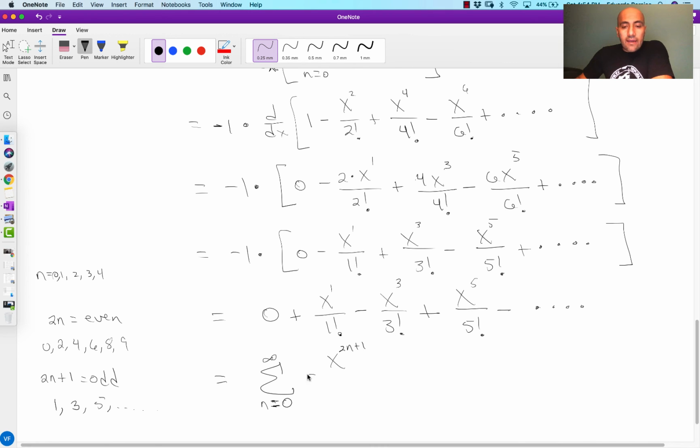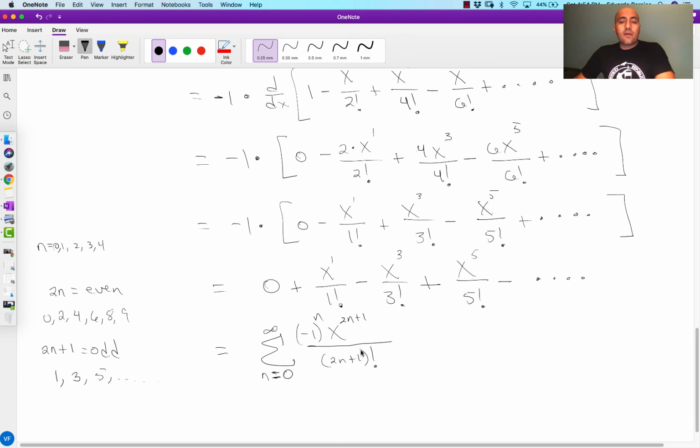So just looking at patterns, I'm going to guess that it's this one, 2n plus 1 factorial. Good. And the alternating part of it, I want to start off with a positive, so I have a negative 1 to the power of something, and that power could be a 0. That works. If I let it be 0, then it starts off with positive, so let's let that equal that. Okay, so here it is.